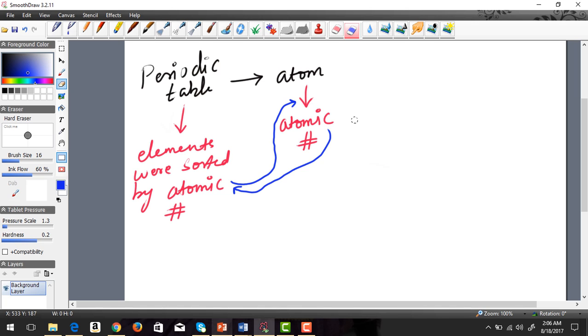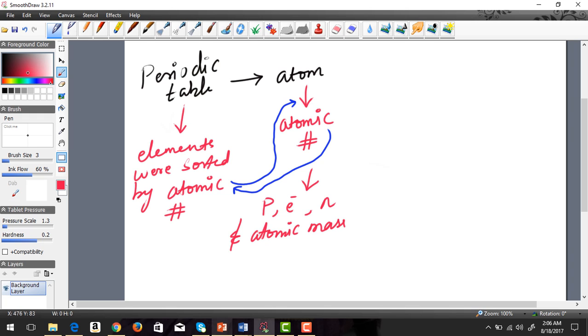We talked about protons, electrons and neutrons, and how we got all of that information, how many each of them is, based on the atomic number. But then we also talked about atomic mass. Keep in mind, that's what helped us get to our number of neutrons.